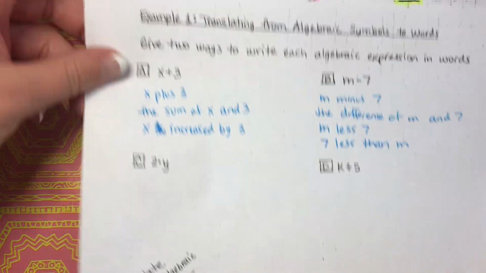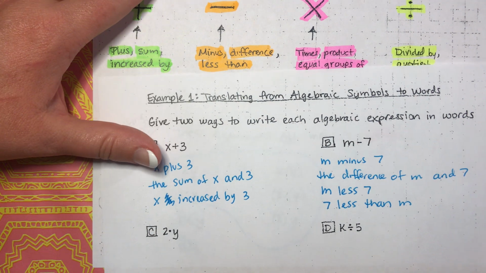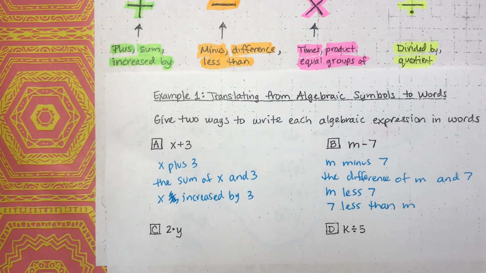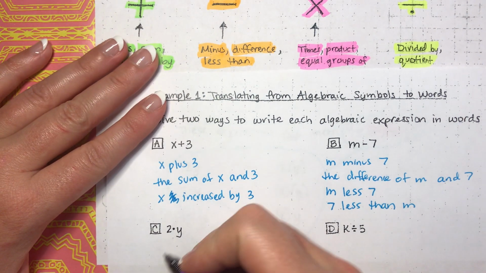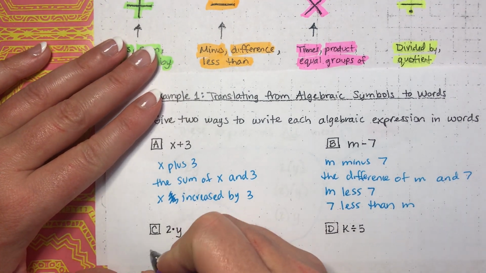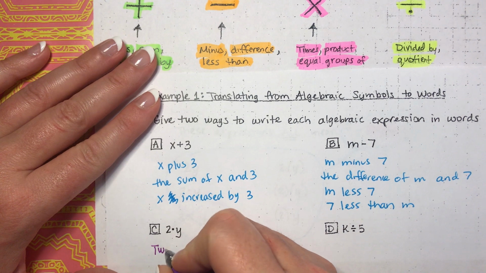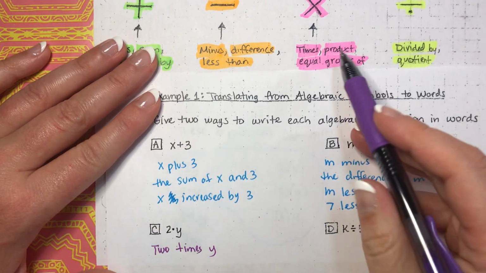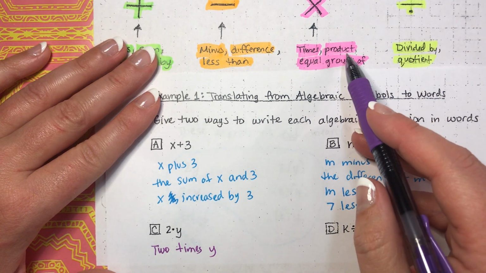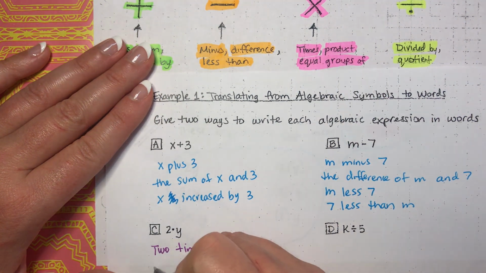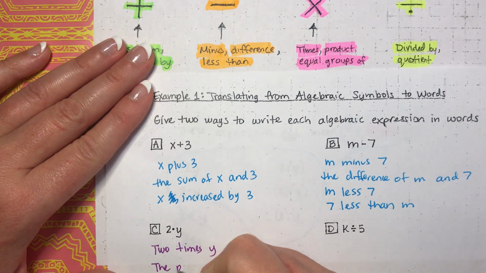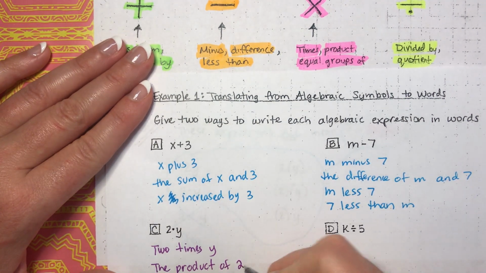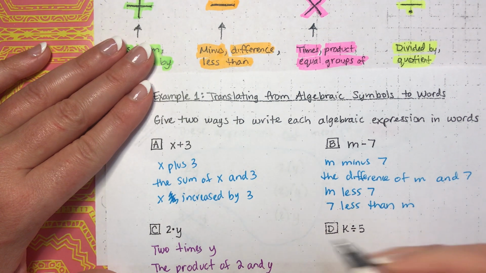Okay, let's go here. We have 2 and that dot, remember, means multiplication. So we could write that by saying 2 times y. We could say the product of 2 and y.